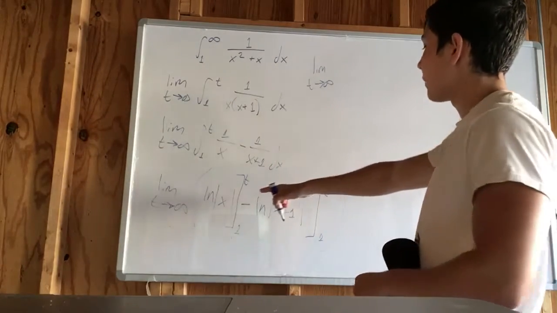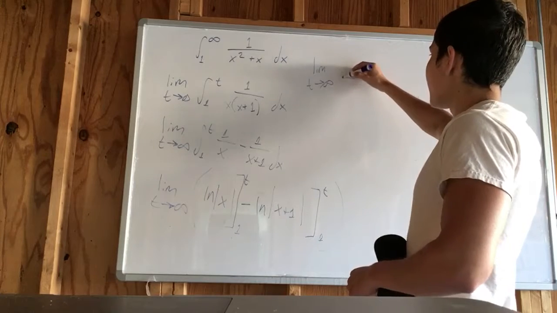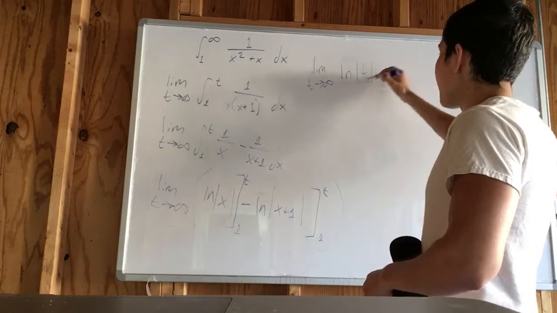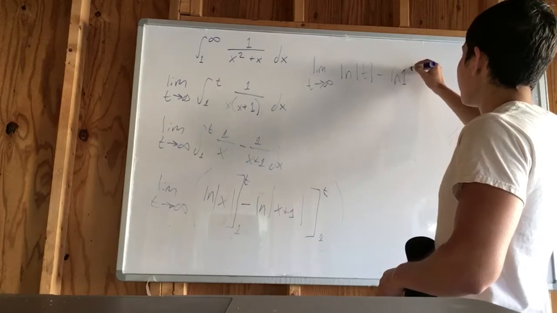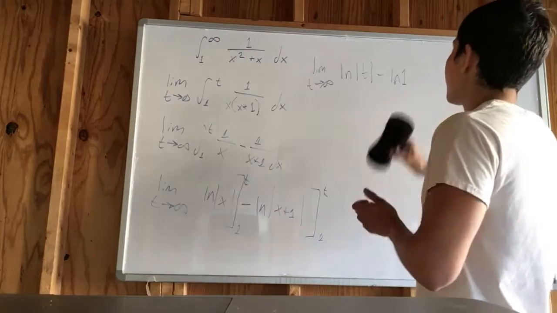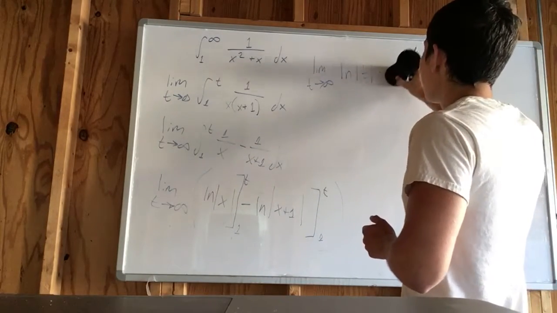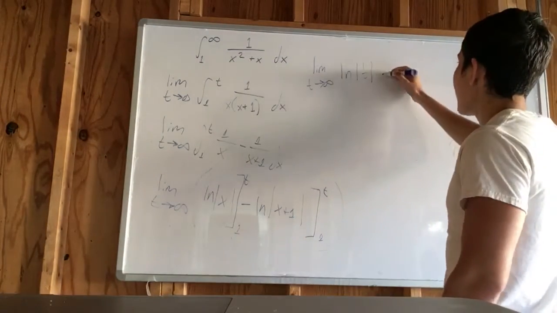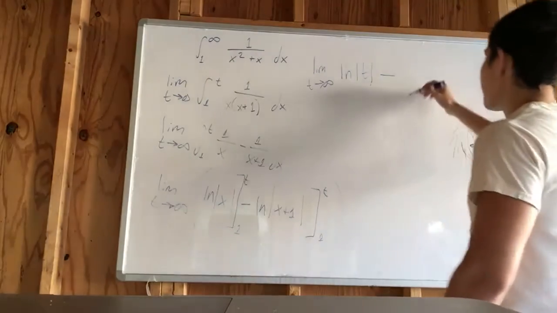So let's do it. We have the upper bound, which is the natural log of the absolute value of t, minus the lower bound, which is the natural log of 1, which is 0, because e to the power of 0 is 1. And from that, we're subtracting upper bound minus lower bound of this.